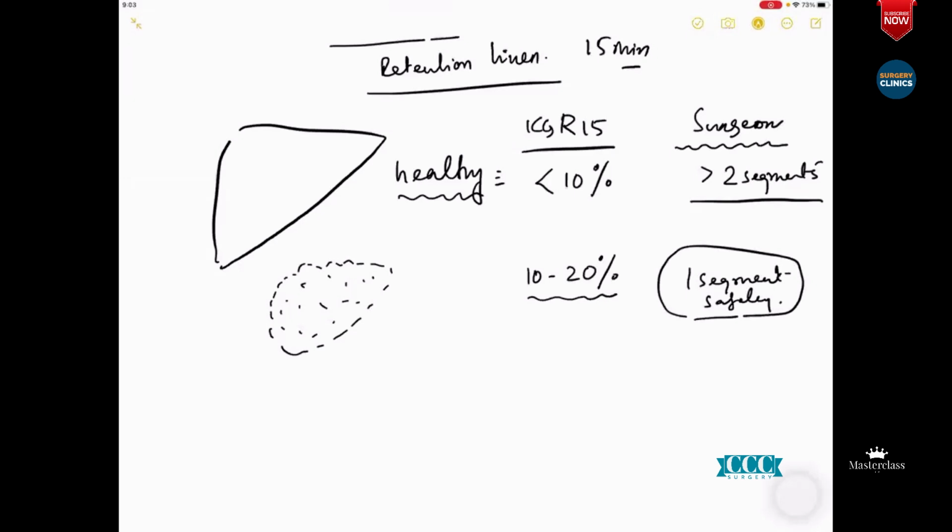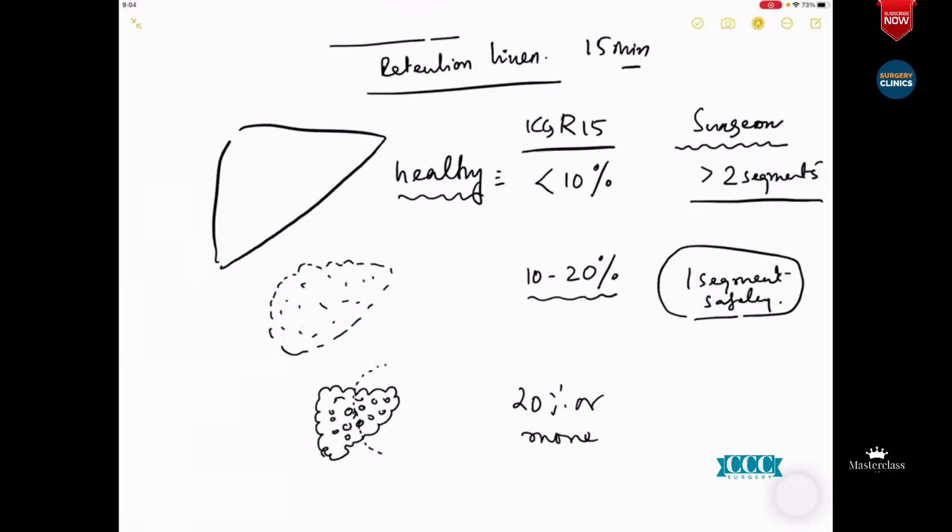But if the values are 20% or more, what does it definitely suggest? That the liver is grossly diseased. And if you take out more liver, what problem am I trying to contemplate with this liver resection? It is not that I am a surgeon who fears liver resection.